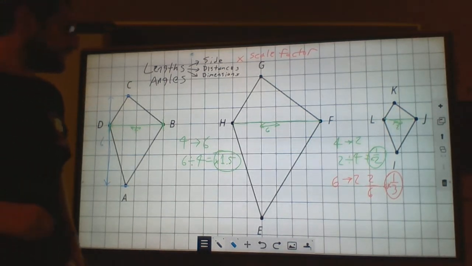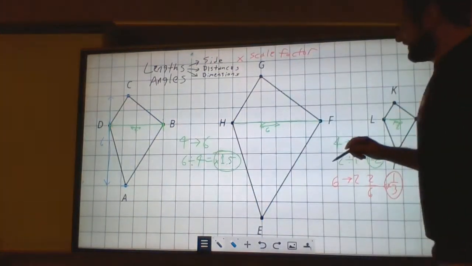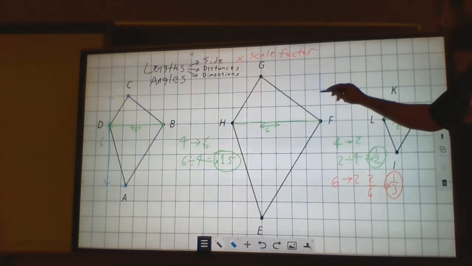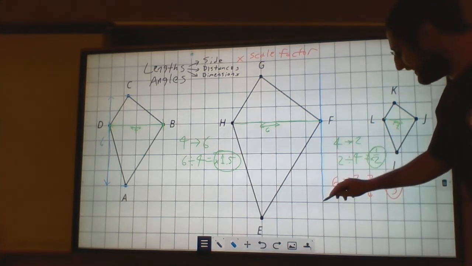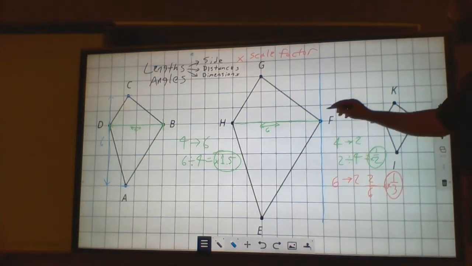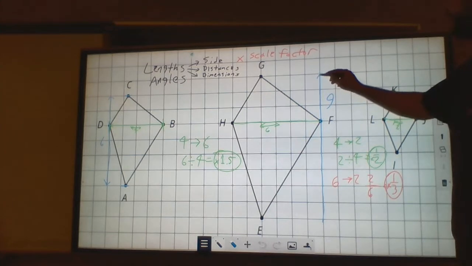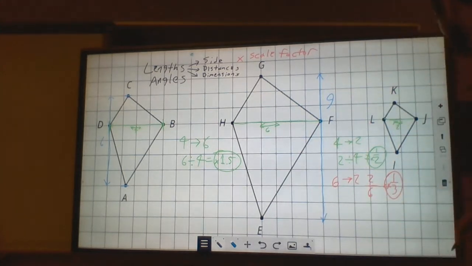All that matters to us is that we can calculate the height of the shape. It's 6. Now, if we go and calculate the height of this shape, 1, 2, 3, 4, 5, 6, 7, 8, 9. So this one is 9 units tall. And meanwhile, this guy, 1, 2, 3. This guy's only 3 units tall.